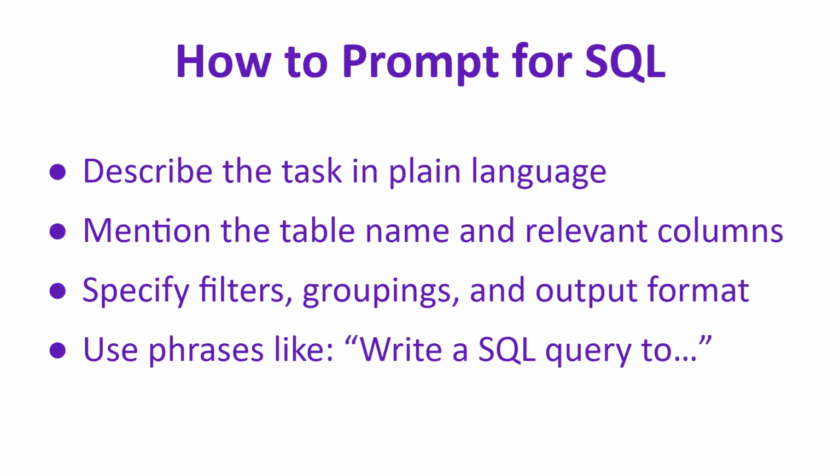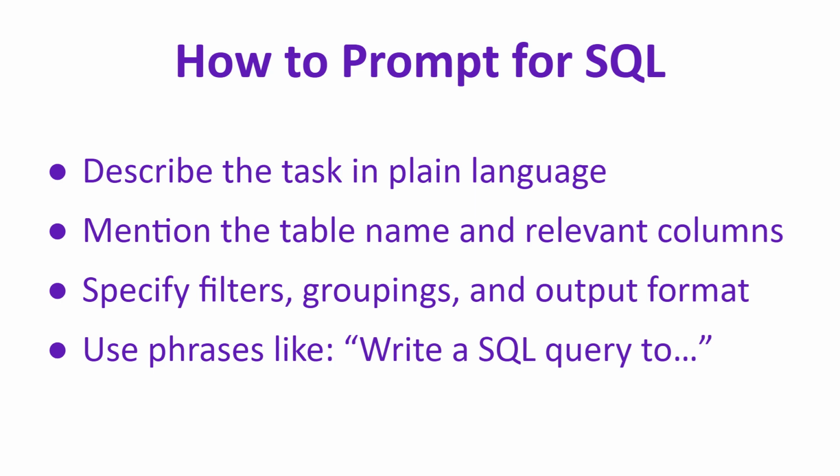When prompting, be clear and direct. Mention the table and the logic. For example, write a SQL query to find the top 5 customers by total order amount from the orders table.